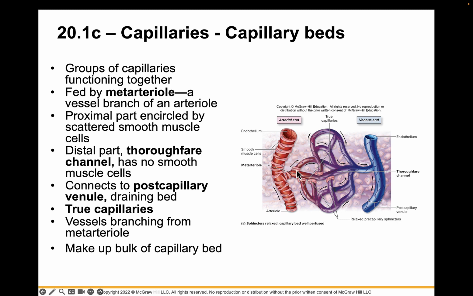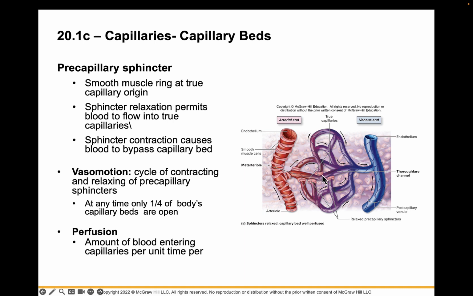And the other thing that we're going to see here are these very, very small bands of muscle at the base, and those are known as precapillary sphincters. One thing to keep in mind here is that the state of this sphincter determines whether or not a given capillary bed is going to be perfused.